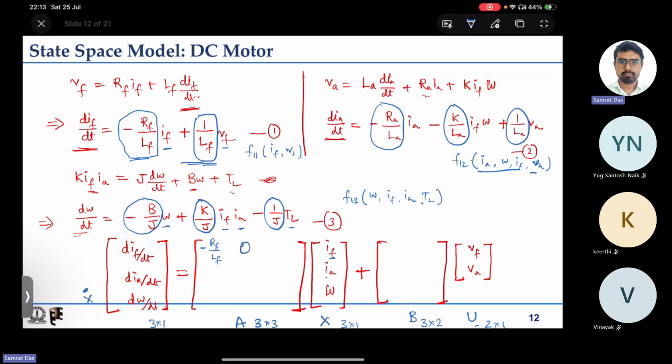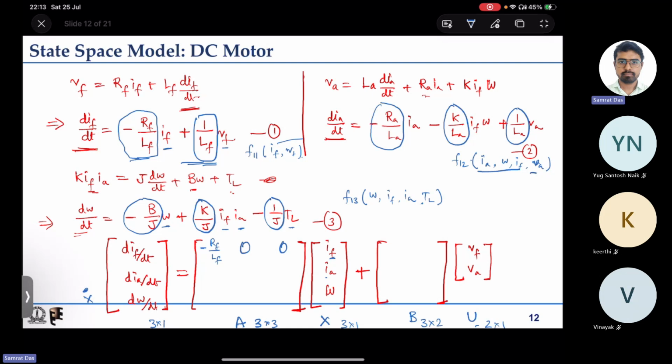So the second one will be 0. And the third one, there is no dependence on speed also. So the 1 3 term will also be 0. So our first equation is represented. This is a perfectly linear equation. There is no non-linearity involved. So that is why we can represent the equation in this form easily.